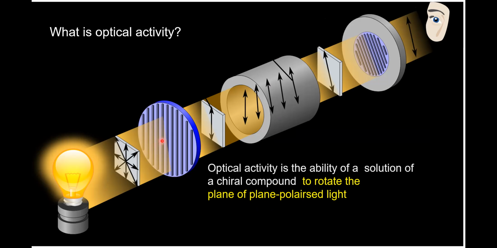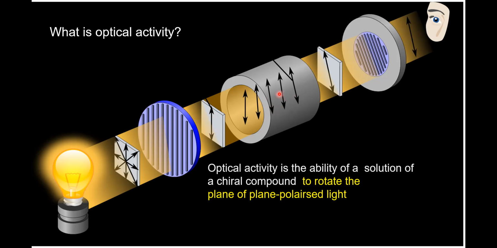When that ordinary light is passed through a prism or a grating, you will have light that vibrates in only one plane. That light, when passed through a solution of an optically active compound, will have its plane rotated either towards left or towards right.